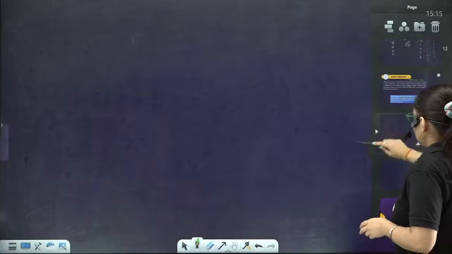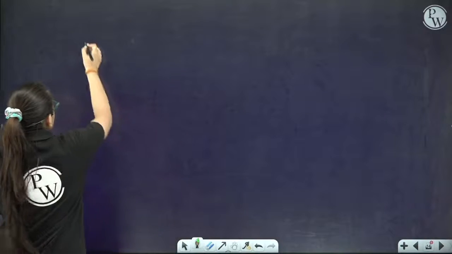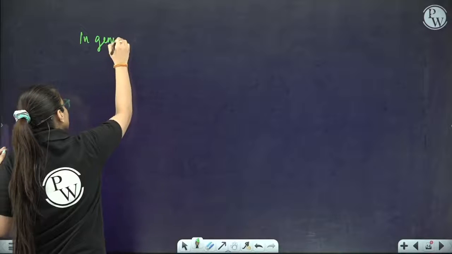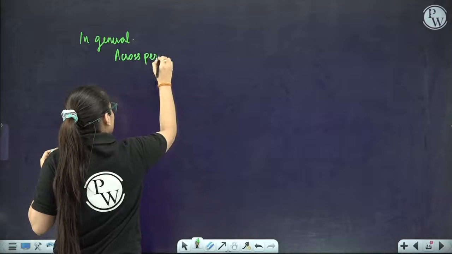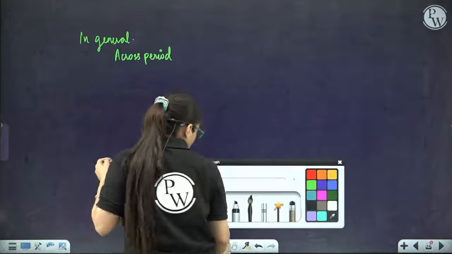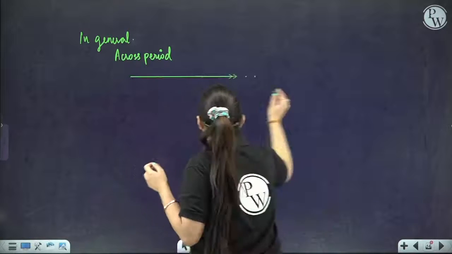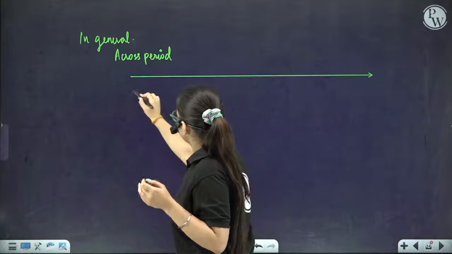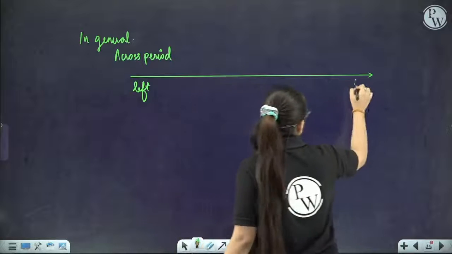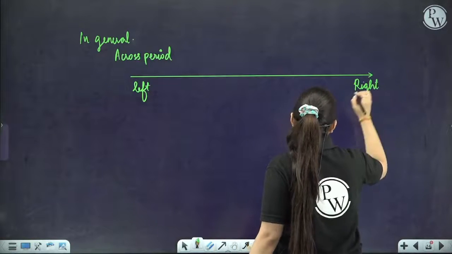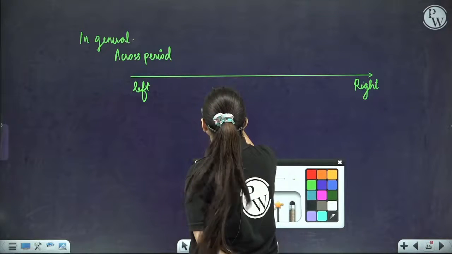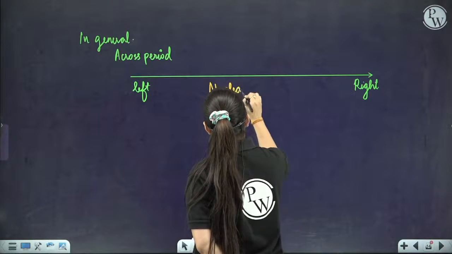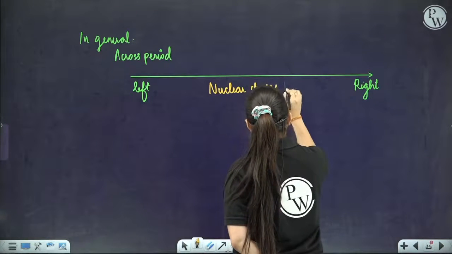Now let me summarize all the factors on a single sheet. In general, across the period, that means from left to right, it's a very simple thing that nuclear charge increases.